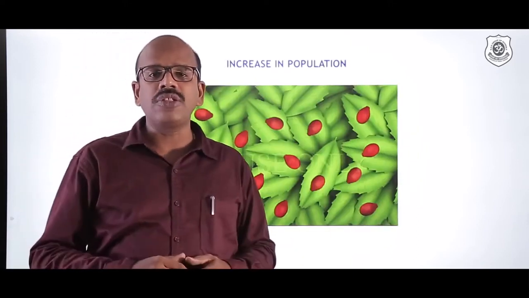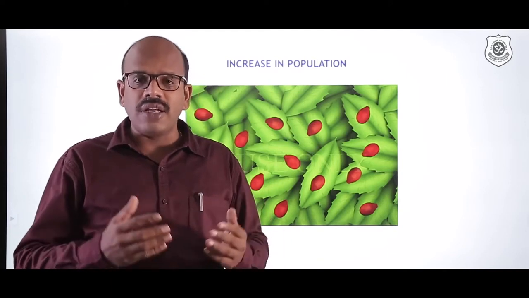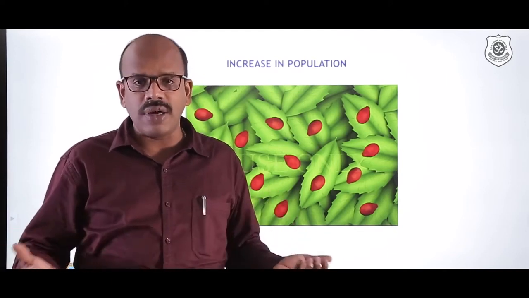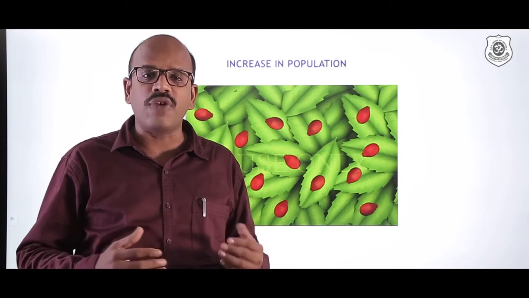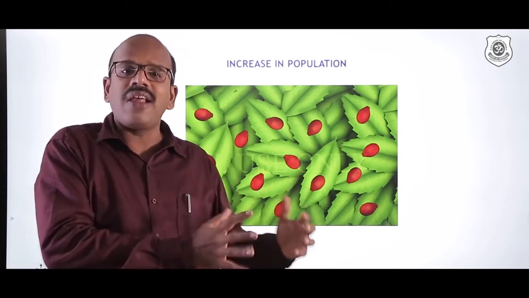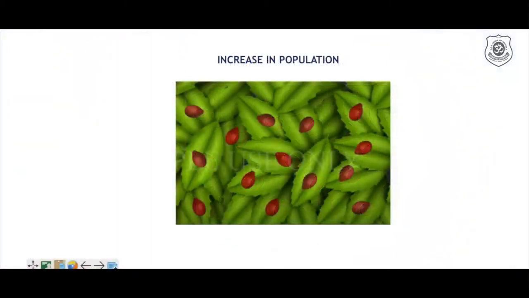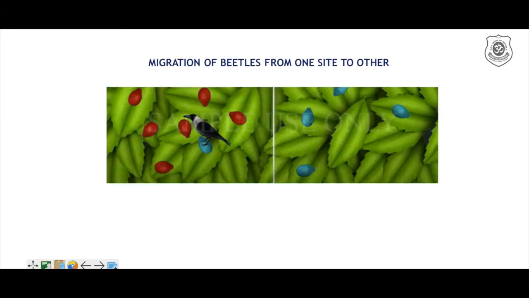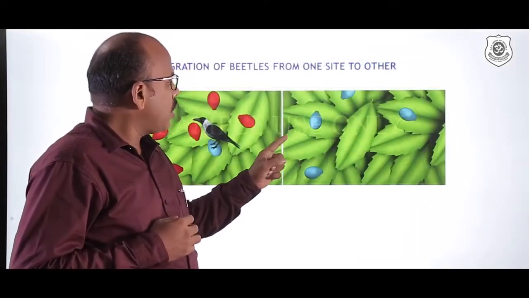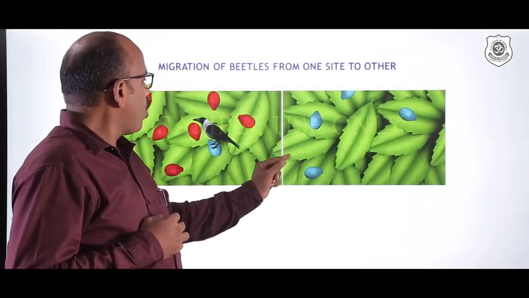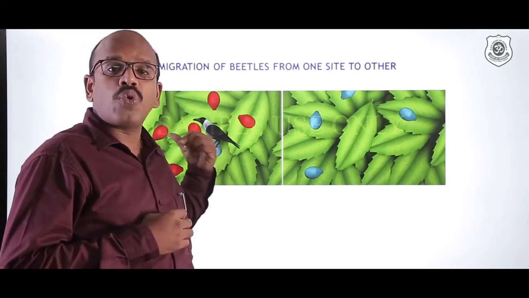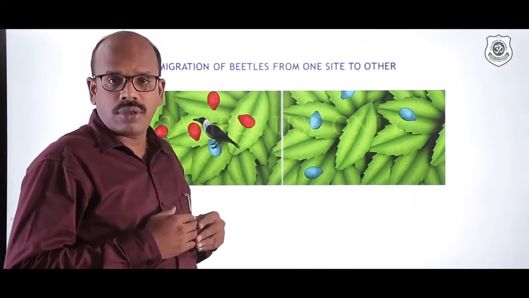Then later what happens? These red beetles increase in their number. That is, the population size of the red beetle on its side increases. Simultaneously, the blue population on its side also gradually increases. Now, accidentally, one beetle of the blue color is going to migrate to the place where the red beetles are found.